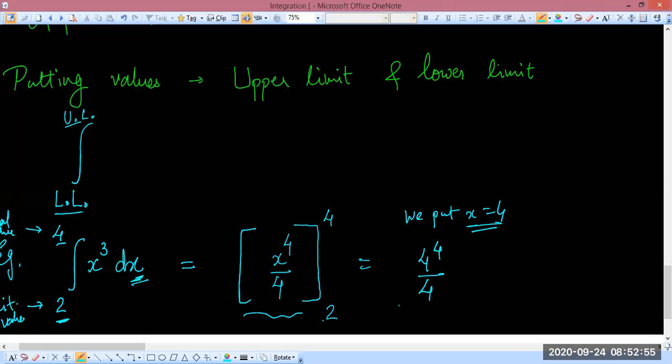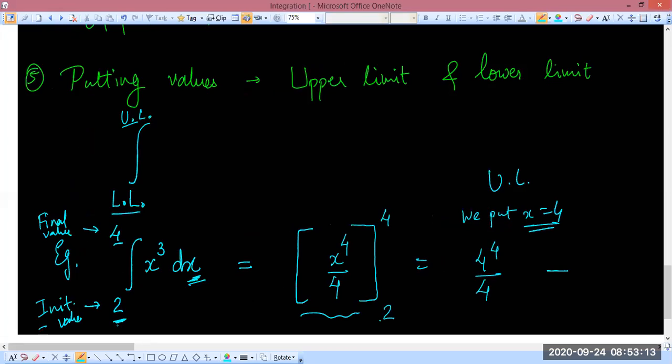Is that clear? Because this is final, or upper limit. Then we put a minus sign, compulsorily, because changes are always found by final minus initial.